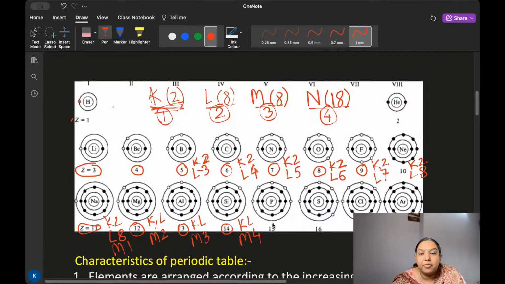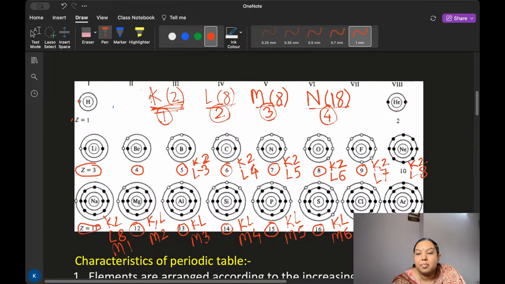In phosphorus with atomic number 15, K and L shells are completely filled, and in the M shell we have 5 electrons. In atomic number 16, that is sulfur, K and L shells are completely filled, and in M shell we have 6 electrons. Same way for chlorine, atomic number 17, K and L are completely filled, and in M we have 7 electrons.